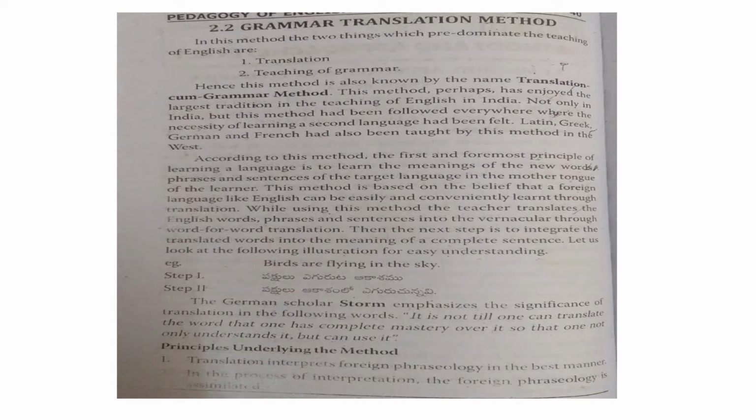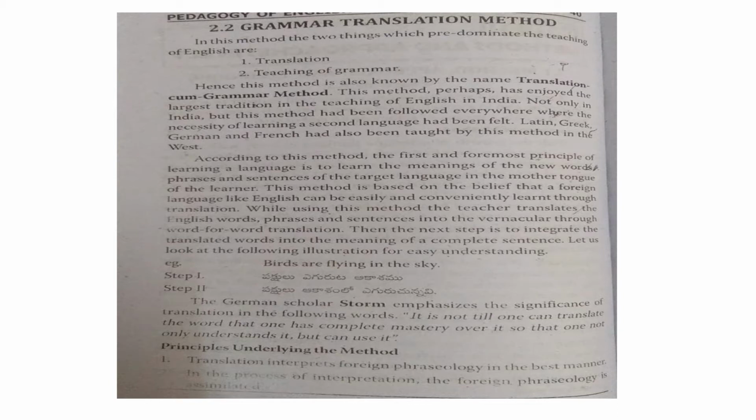This method perhaps has enjoyed the largest tradition in the teaching of English in India. Not only in India, but this method had been followed everywhere. The necessity of learning a second language had been felt. Latin, Greek, German, and French had also been taught by this method in the West.